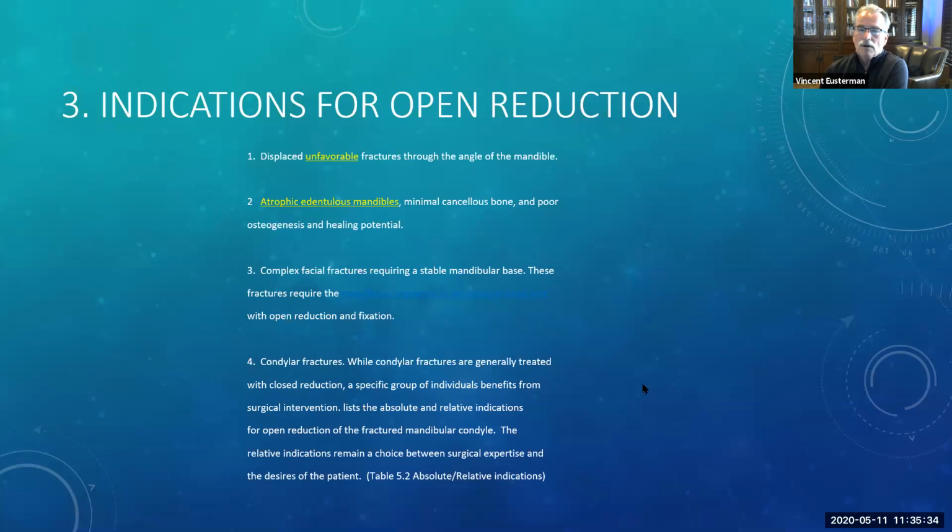Indications for open reduction: generally displaced and unfavorable fractures, as we showed earlier. Atrophic mandibles with minimal cancellous bone and poor osteogenesis generally do better with open reduction with internal fixation, I'll talk about it in a minute.